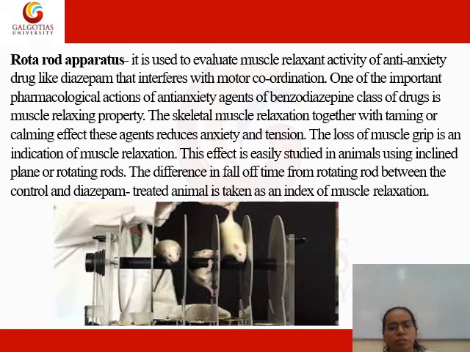When we took the control group, we did not administer any type of drug, and the rat or mouse was put on this rotating rod. We noted that the gripping strength of the mouse or rat is very good.